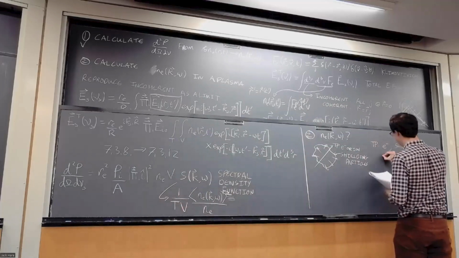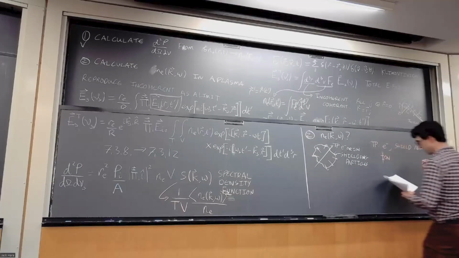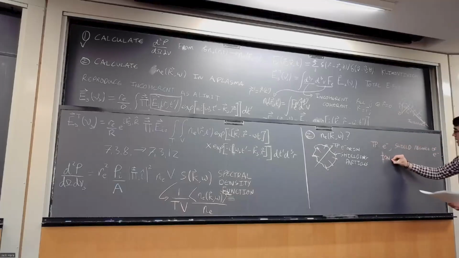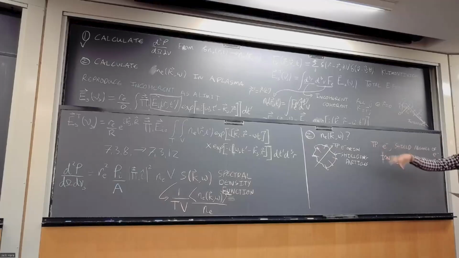If the test particle is an ion, then it turns out that half of the shielding that shields this ion charge is due to electrons being attracted, and the other half of the shield is by ions being repelled.